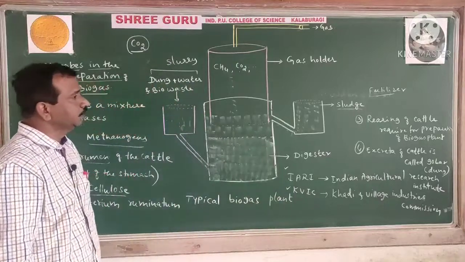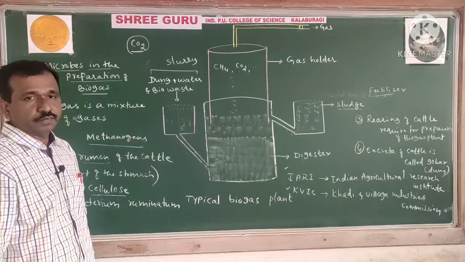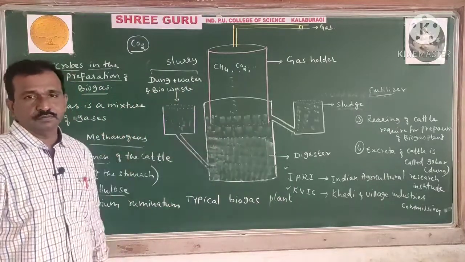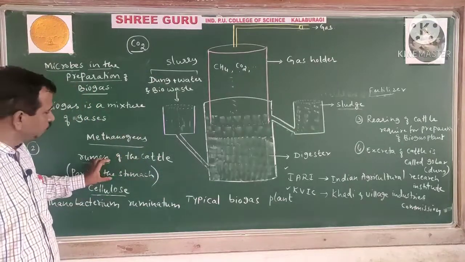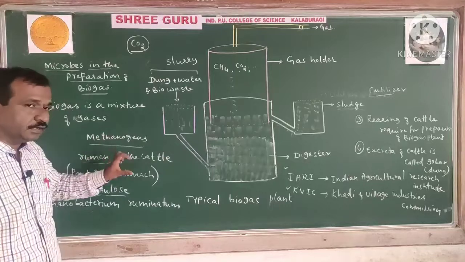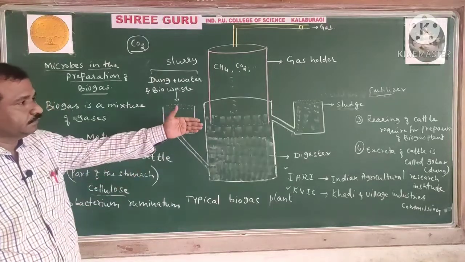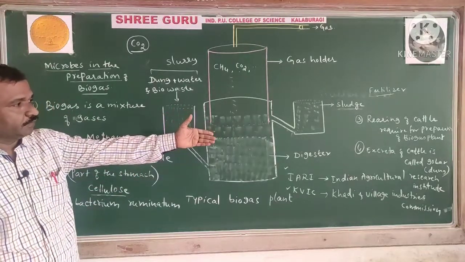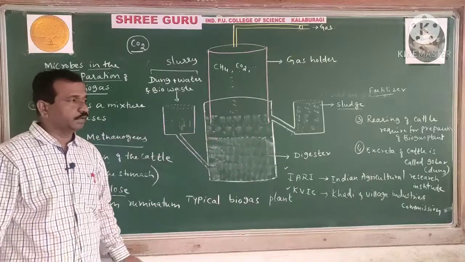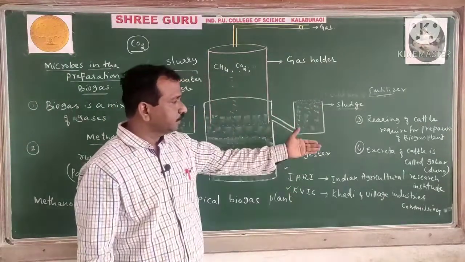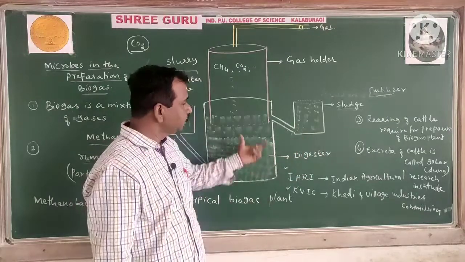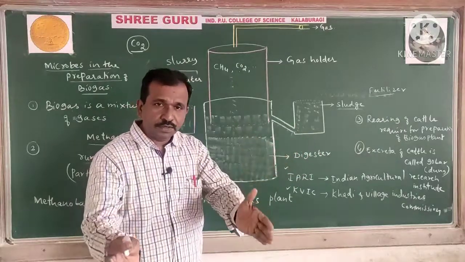You can observe that even if the theory part is asked, you have to write it point wise, right? However, I explained the rumen of the cattle for cellulosic breakdown. Next, for the sake of rearing of cattle, the preparation of a biogas plant is required. Cattle rearing is required. Excreta of the cattle is called gobar. The preparation has to be 10 to 15 feet depth.